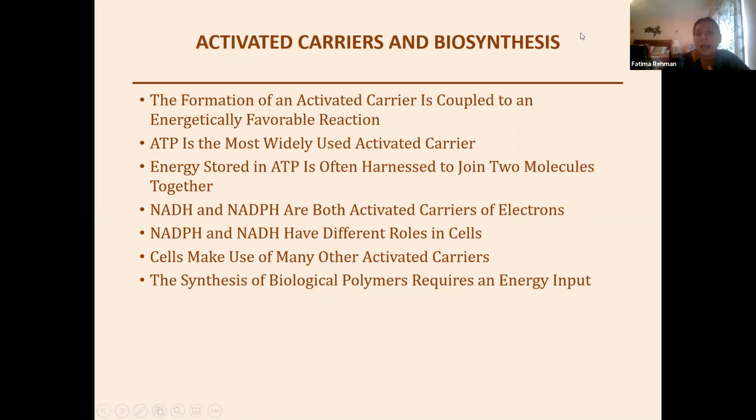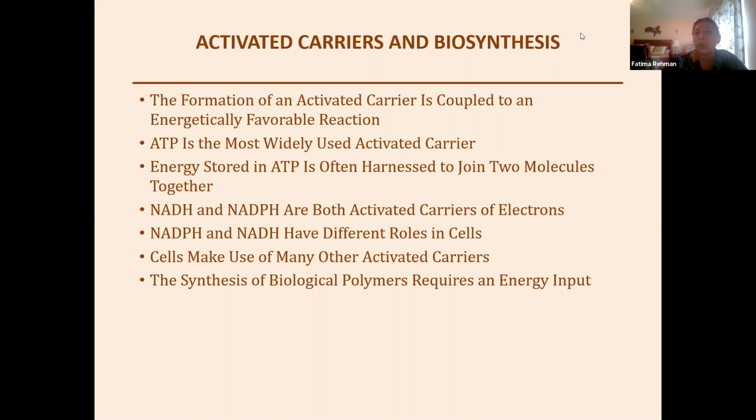The formation of an activated carrier is usually coupled to energetically favorable reactions, so that these activated carriers can take the electrons or phosphates or energy from these molecules that we are breaking down and releasing energy from.